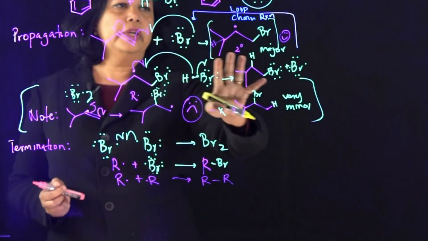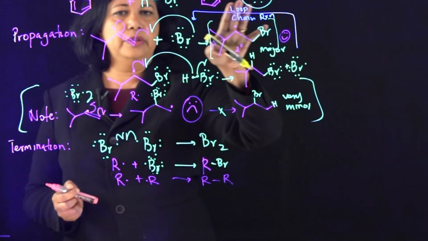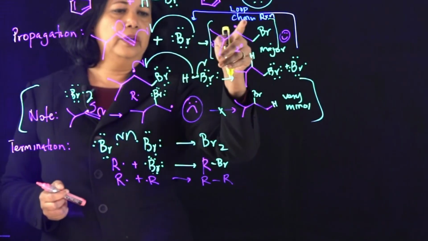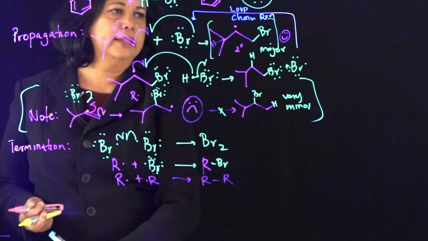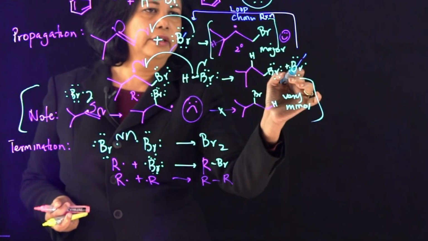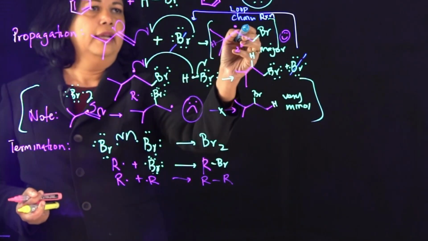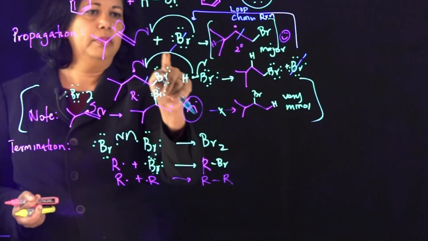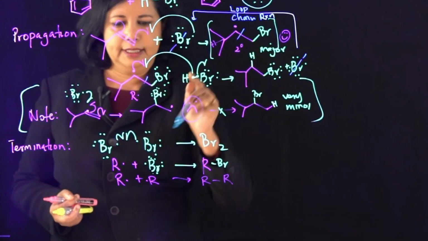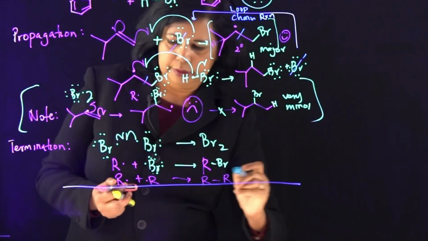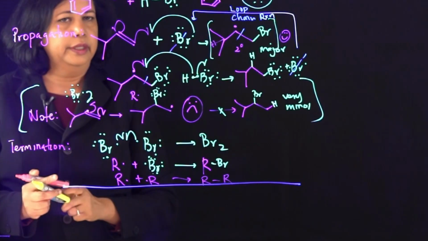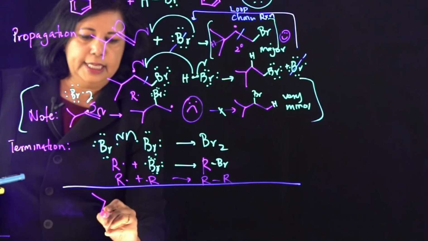The overall reaction is adding your propagation reactions together. So here, if you cancel out the things that are the same on both sides, you are then going to get this plus HBr giving you this. That's your overall reaction. So you see the same thing over and over again, because this is a chain reaction.